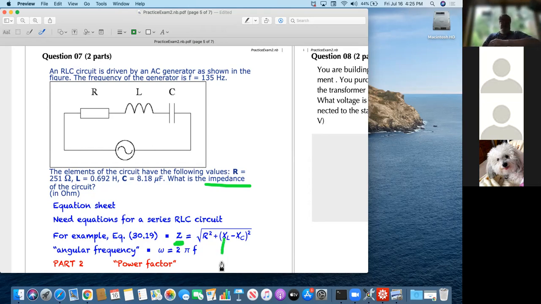It's actually called the impedance, I guess, of an inductor. And XC is the effective resistance of a capacitor. An inductor and a capacitor have something equivalent to resistance that depends on the frequency.